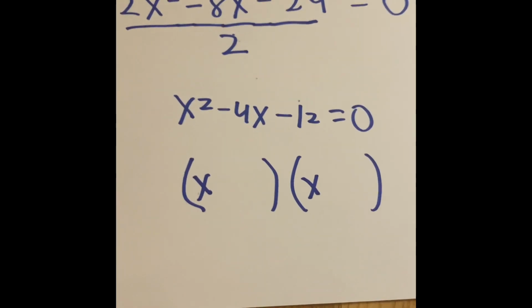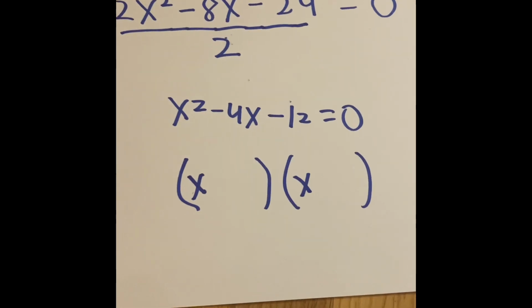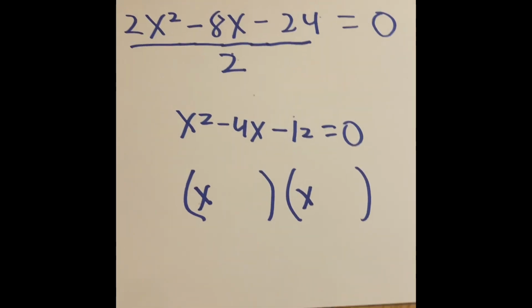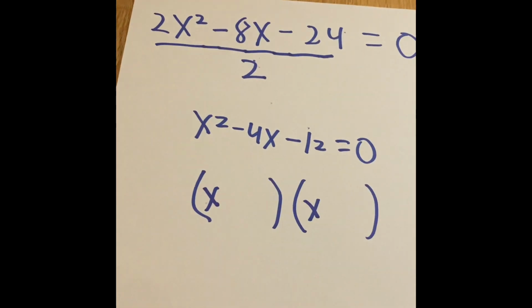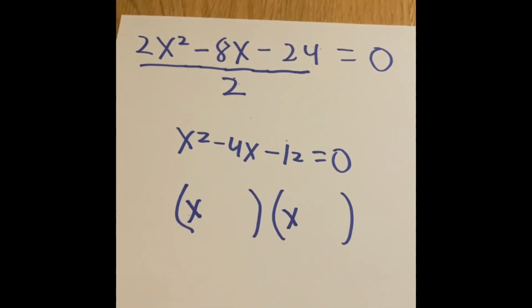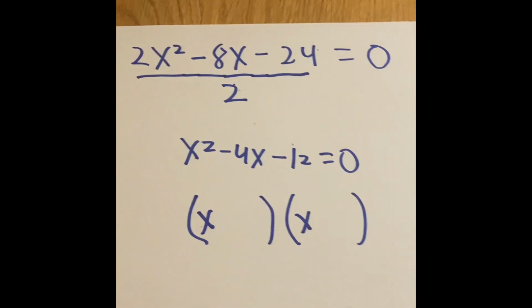But what numbers can multiply to negative 12 and also add up to negative 4?